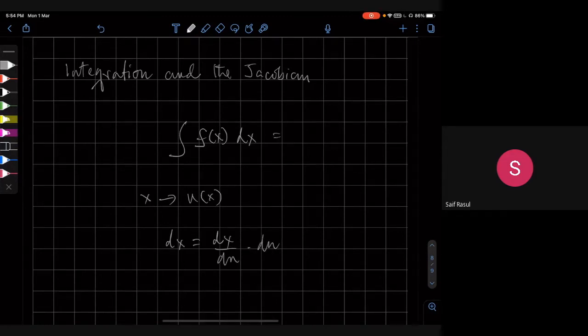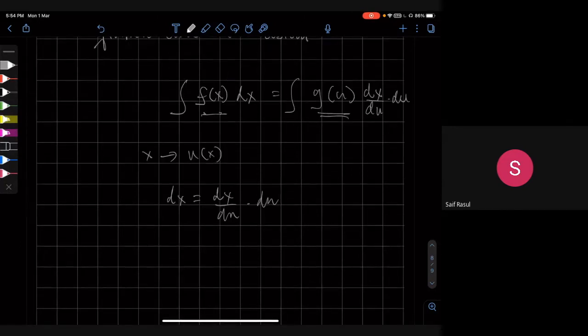And then this function becomes f(x(u)) dx/du du. Let me just use a different notation here, g, because if you express f as a function of u, it won't have the same functional dependence, right? So in integration, this is what we call the Jacobian factor.